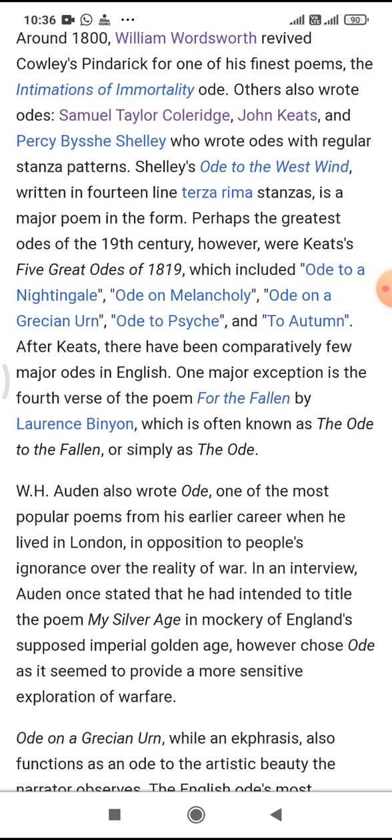However, he chose Ode as it seemed to provide a more sensitive exploration of warfare. Ode on a Grecian Urn, while an ekphrasis, also functions as an ode to artistic beauty.